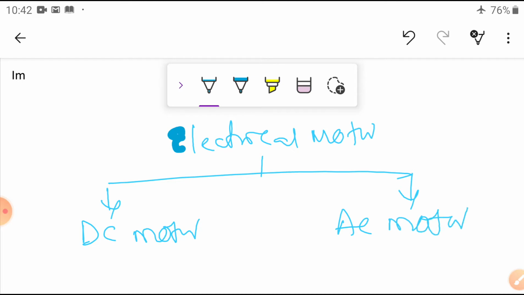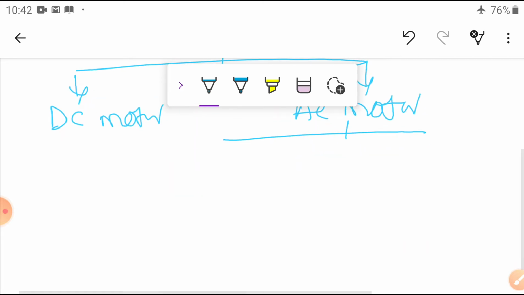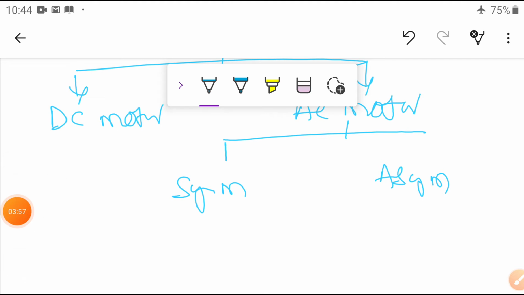Now, the AC motors are further classified, based on different factors, into synchronous motors and asynchronous motors. Last class we have seen synchronous motors.